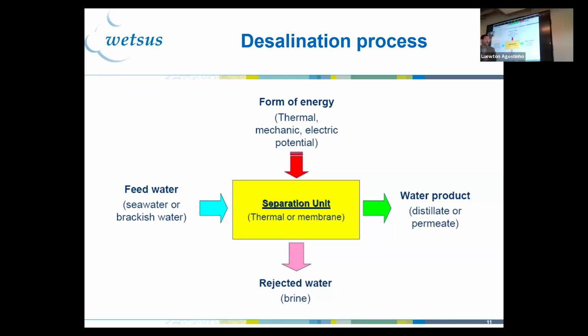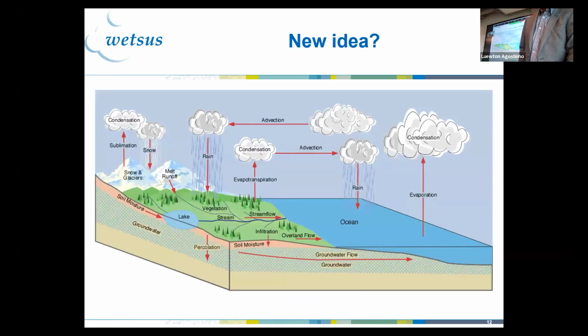I will show also some slides later on. But normally for reverse osmosis systems, for example, this fraction is 50%, more or less. So you put 100 liters in, then you get 50 liters potable water, treated water, and 50 liters brine. And depending on the energy that you put in, thermal, mechanical, electric potential, you define your type of separation unit.